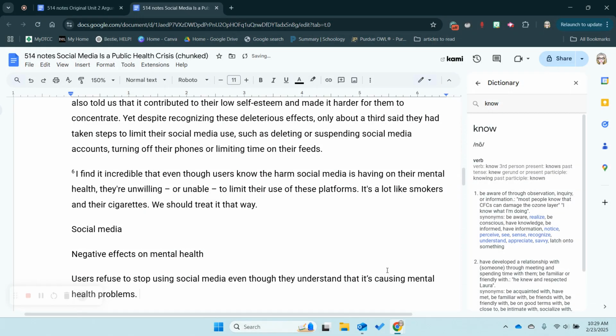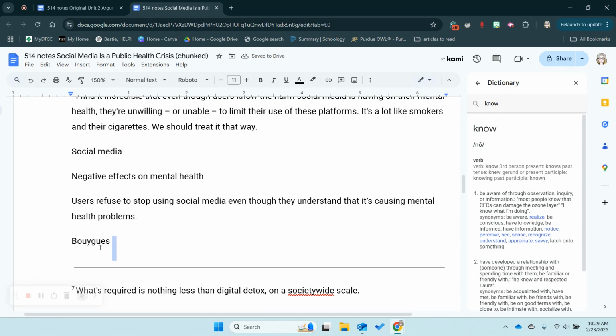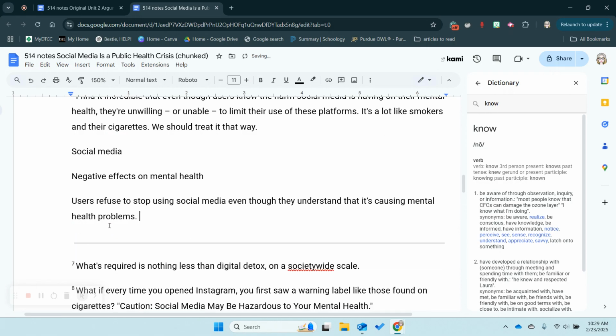I don't like the word problems there. Issues, maybe. Sometimes I do this, and if I'm not really crazy about the word that I have there, I might just put a couple options and come back to it later.